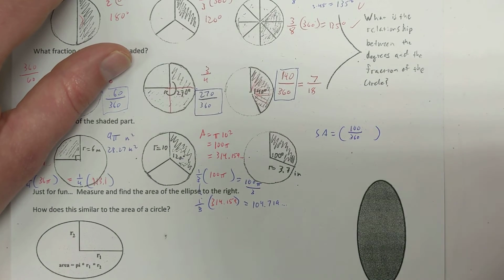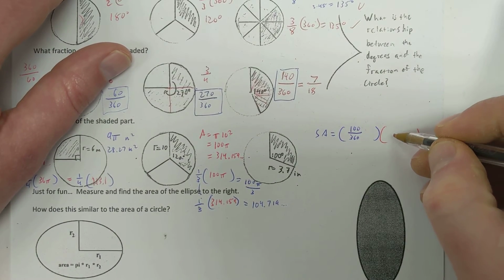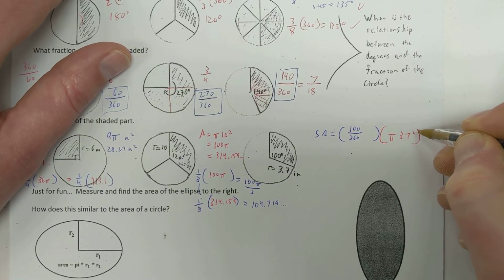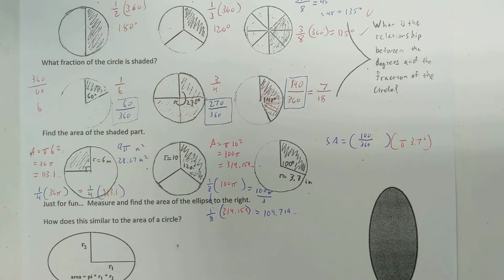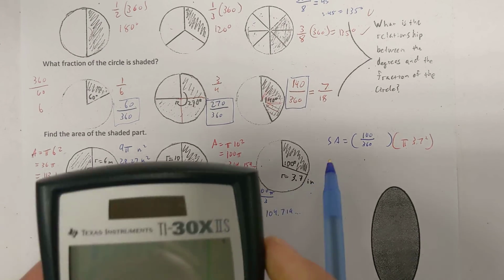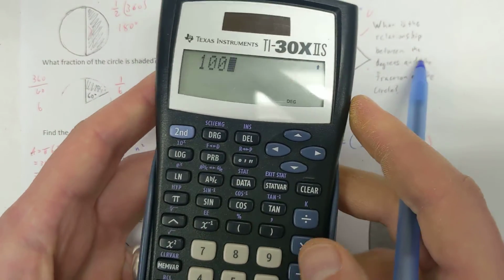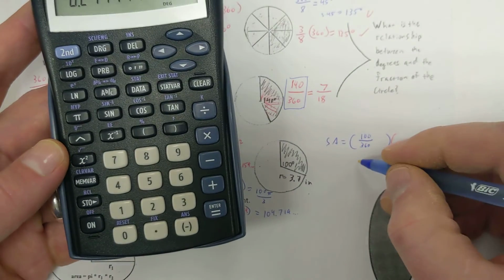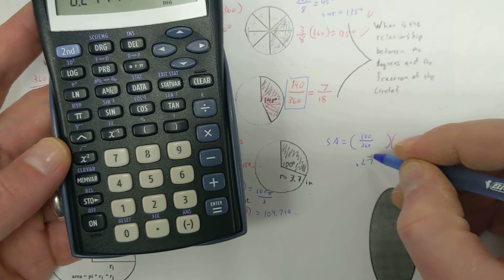The area of the circle, 3.7 squared. So I'm going to do 100 divided by 360. So that's 0.27 repeating.